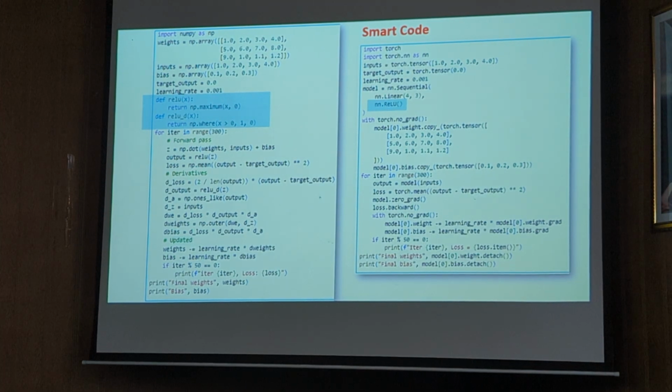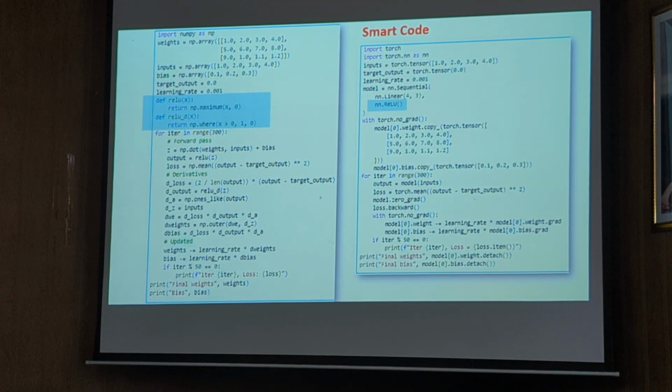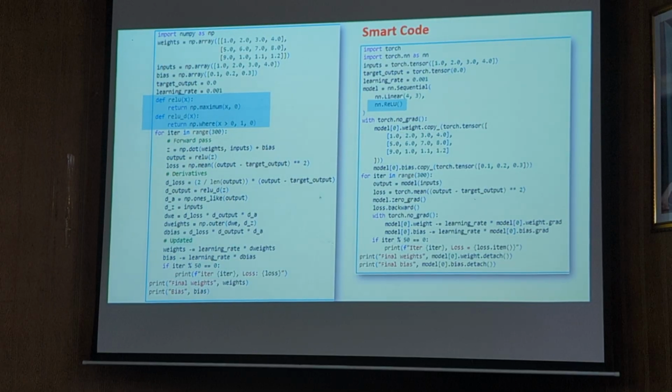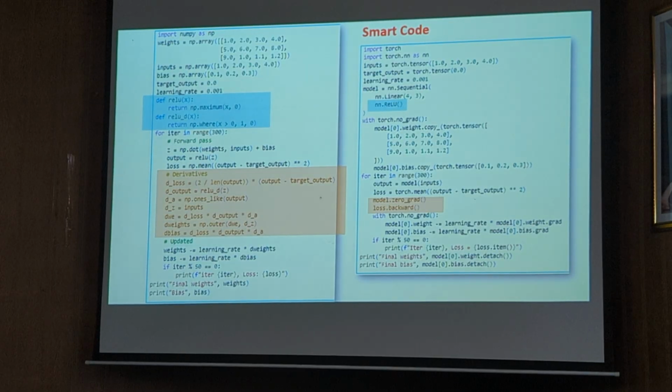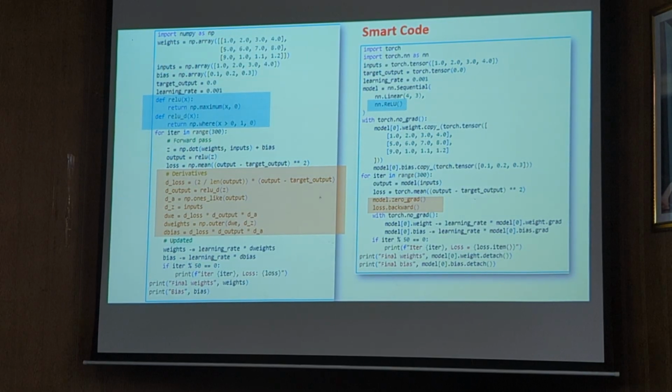Clear? No, it is easy. Now, the dangerous part was the derivative in the back propagation. Look at how easy. This part controls the derivative. Just two lines you have to memorize, nothing else. Model dot zero grad, because it has to initialize from zero. Even if you ignore this one, it will automatically adjust. Just one line, loss dot backward.